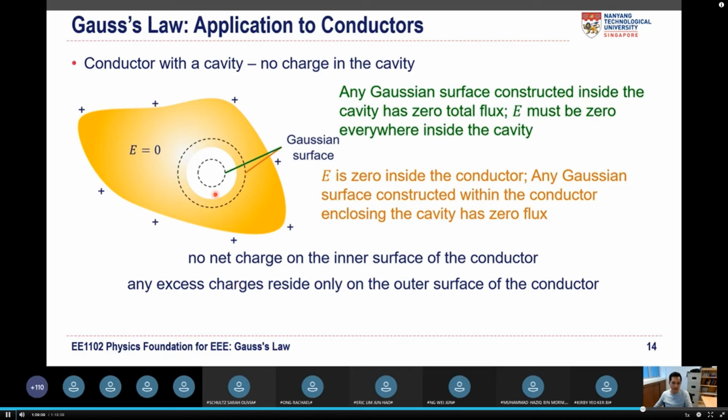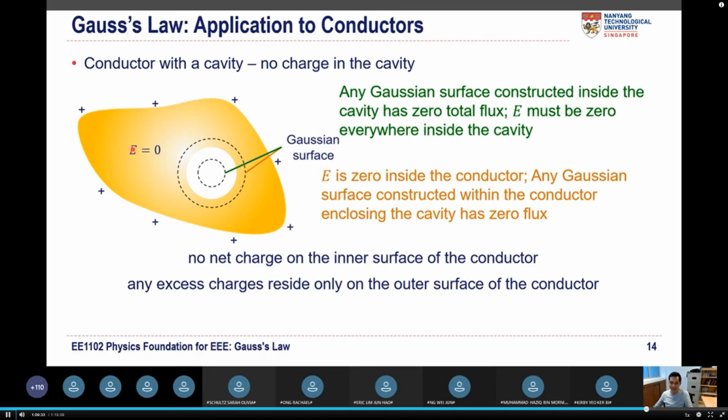And that means there's going to be no net charge inside here, because the electric flux through this Gaussian surface, which is created inside the conductor, is zero. According to Gauss's law, that means there is no charge enclosed inside this outer sphere either.